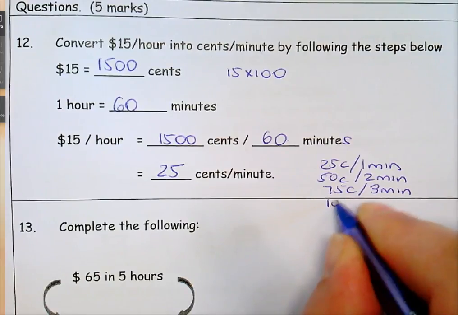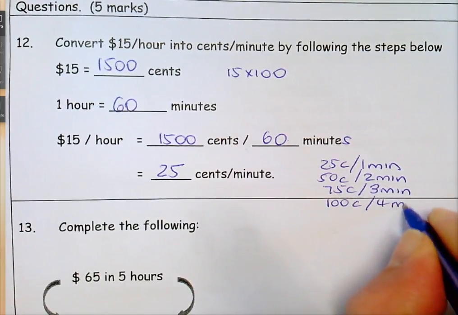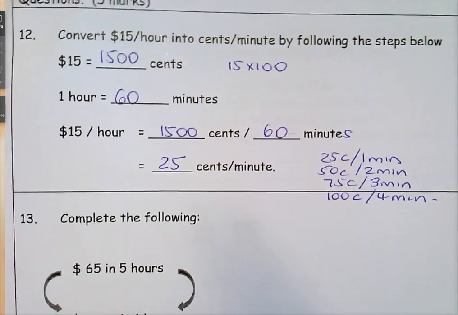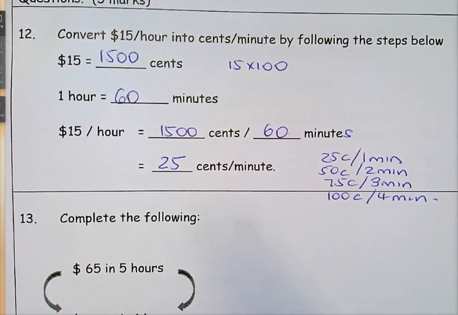You're getting 100 cents, which is a dollar, for 4 minutes. 25 times 4. Every 4 minutes, you earn a dollar. So you're getting a dollar for 4 minutes work if you're paid $15 an hour. Is it worth it?